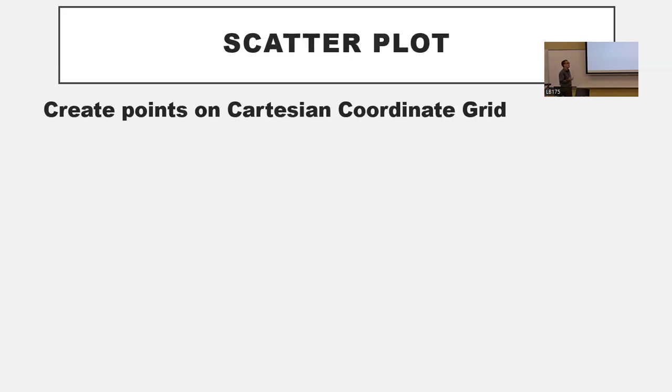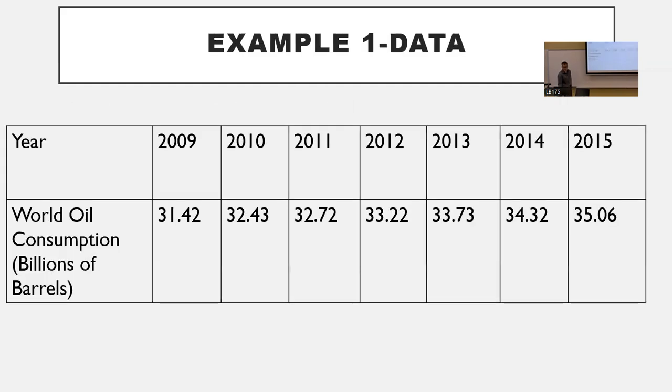What we're going to do with those data is that we're going to create a scatter plot. In other words, I'm going to take the Cartesian coordinate plane and I'm going to create a point on the Cartesian coordinate plane for each one of these pairs.